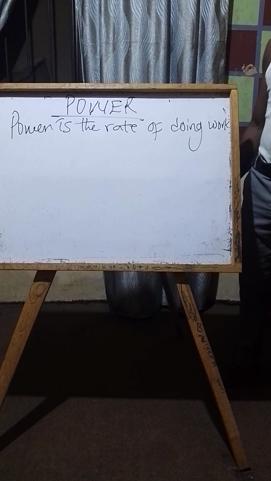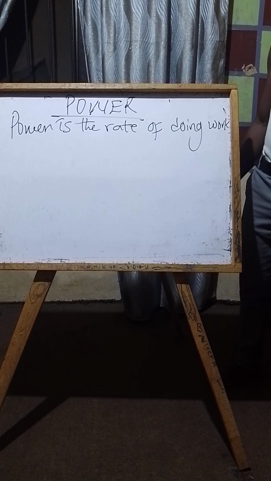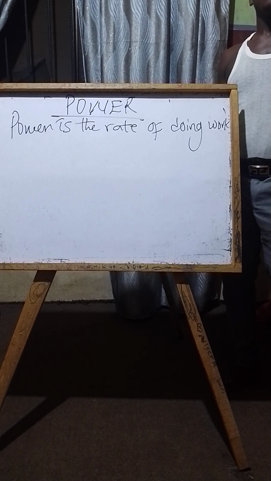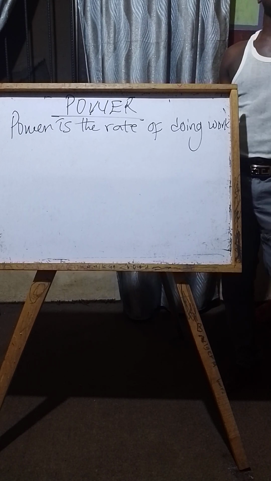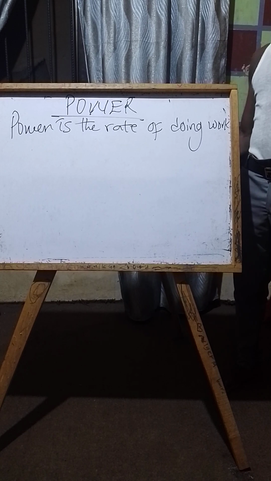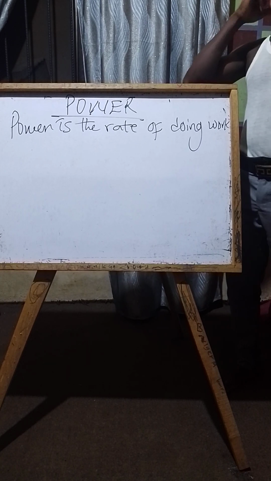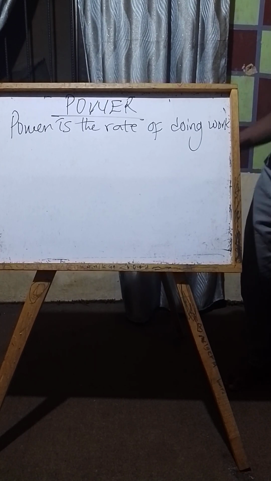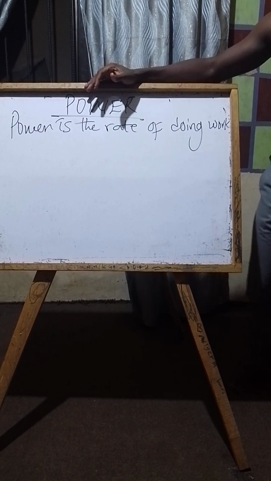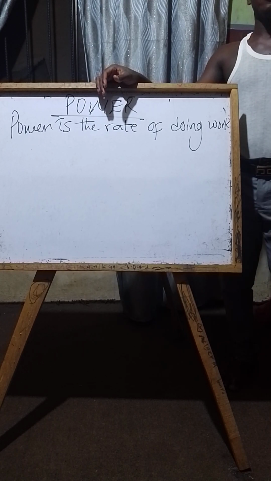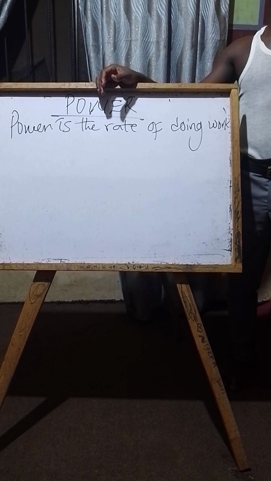The older child. Why? Because common sense will tell us that that child has more power than the younger child. We are just using common sense, but according to physics, it is the time that that child used to do the work that matters to us.